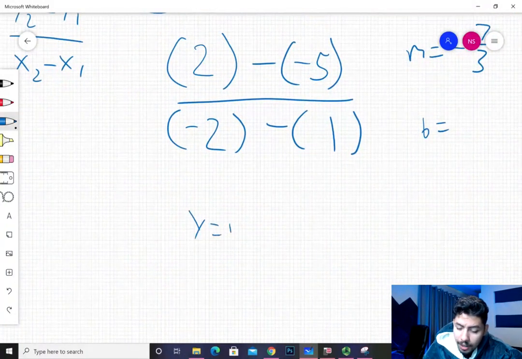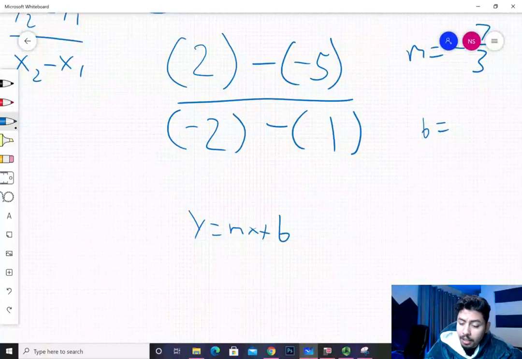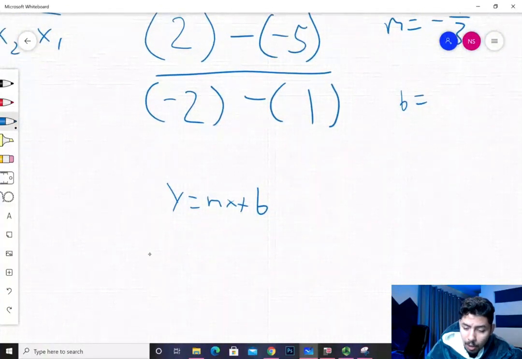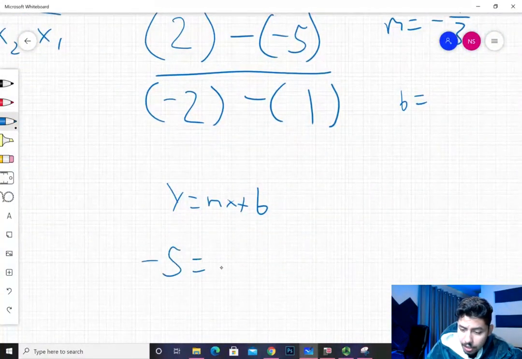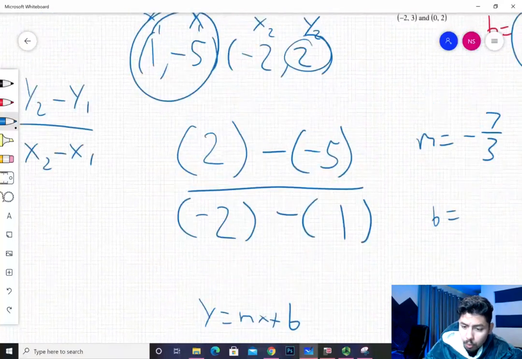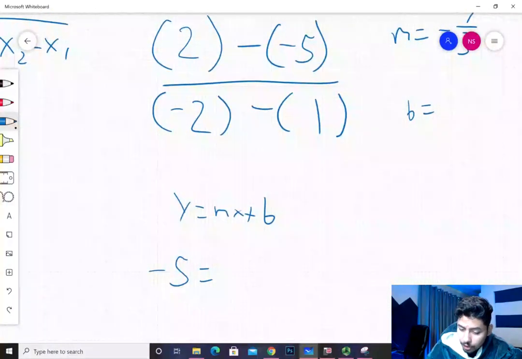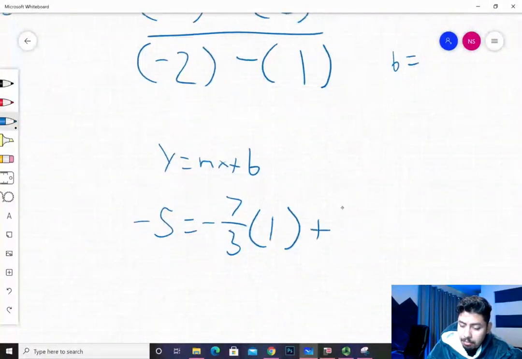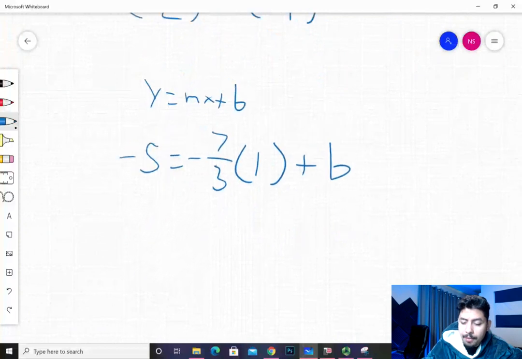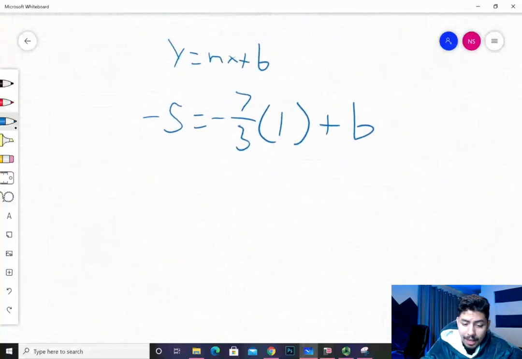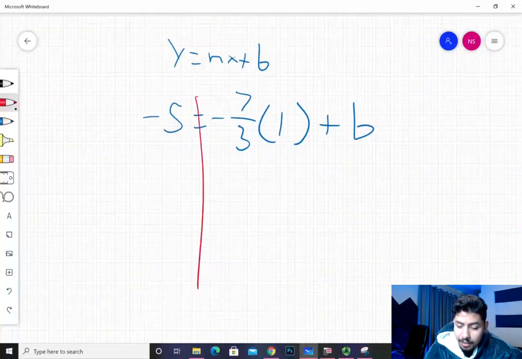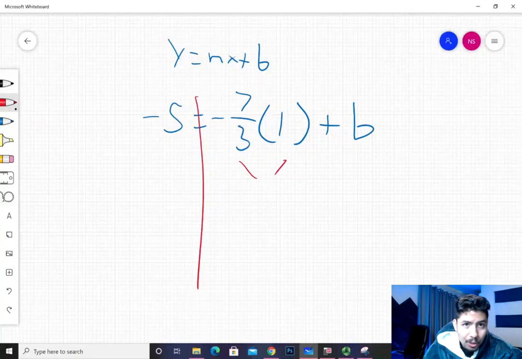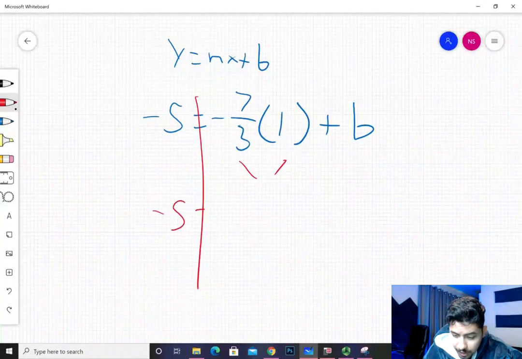So y equals mx plus b. I'm just going to put that there for reference. My y is going to be -5 equals, my slope was -7 over 3, my x is going to be the 1, plus b. Alrighty, so now we just use math. I know I've got to multiply these. You're always going to multiply in this specific case.